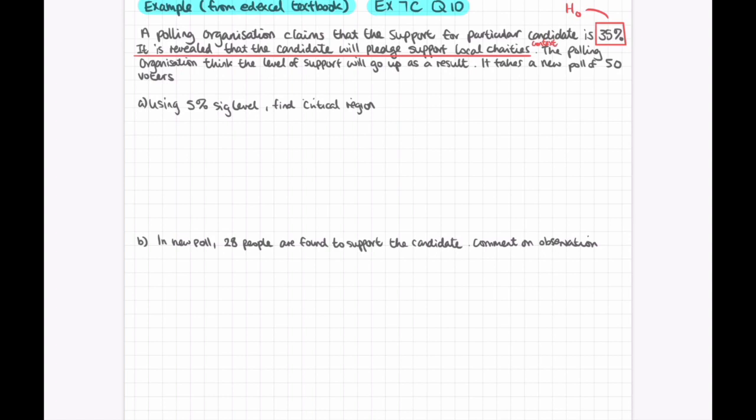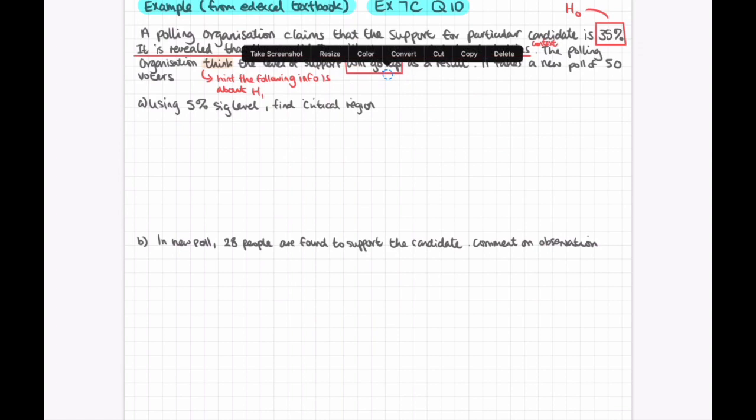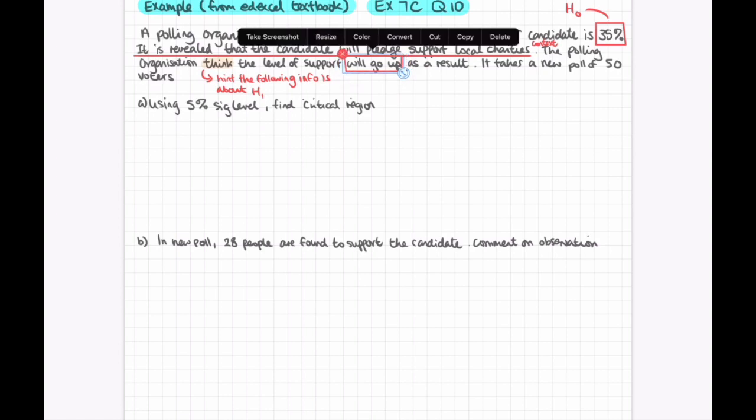And they think it will go up as a result.